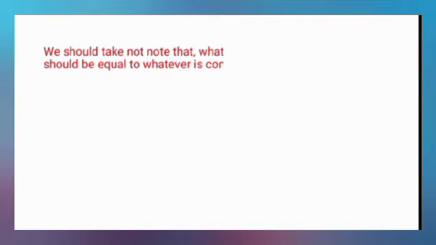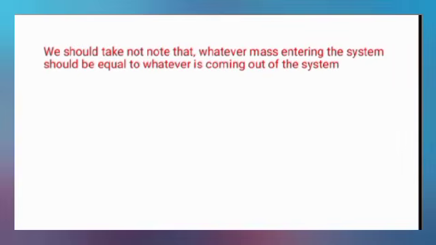So we should take note that whatever mass is entering the system should be equal to whatever is coming out of the system. As I said already, under no circumstance should the product be greater than the raw material entering the system.